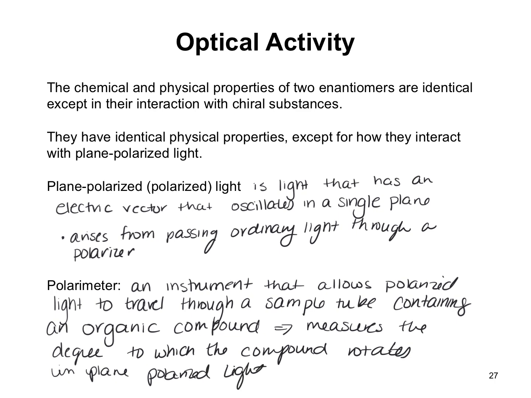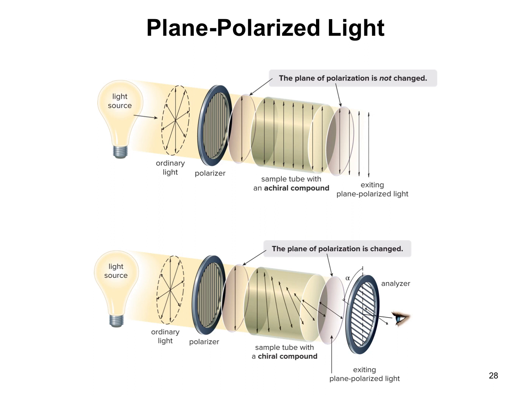So, for example, if we look here, we have a light source, and that's just ordinary light. And ordinary light oscillates in all sorts of directions, right? And that just means it's traveling in all sorts of directions. And so you have a polarizer, and what the polarizer does is it filters out the light that travels in different directions. And so now you have light that travels in the same direction, okay?